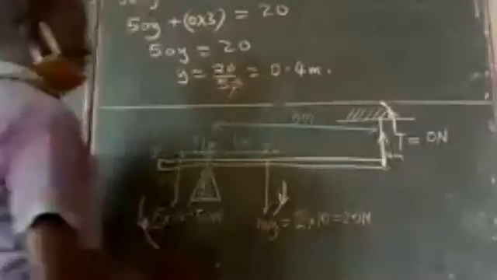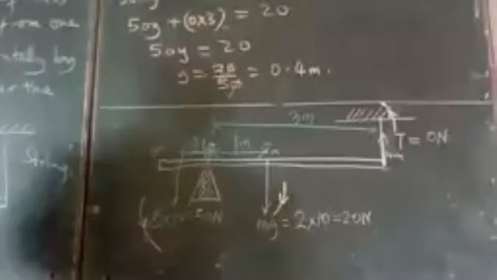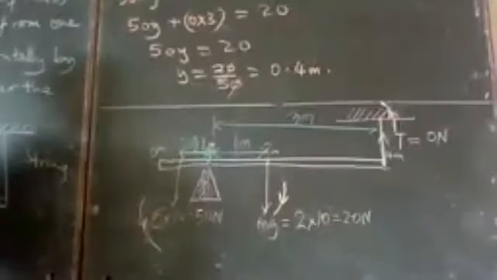Is that okay? So where should be the position of that? Remember, 0.4 measured from here out there. So 0.4 meters from where?